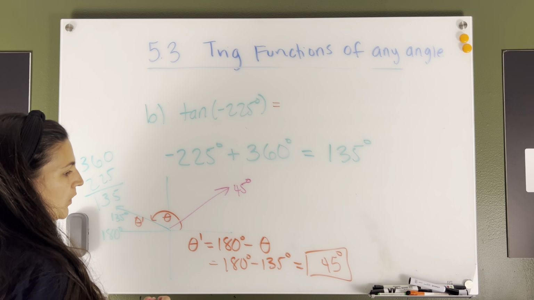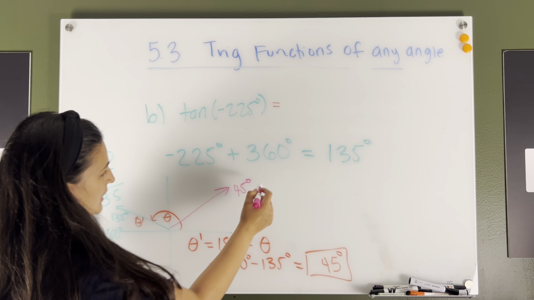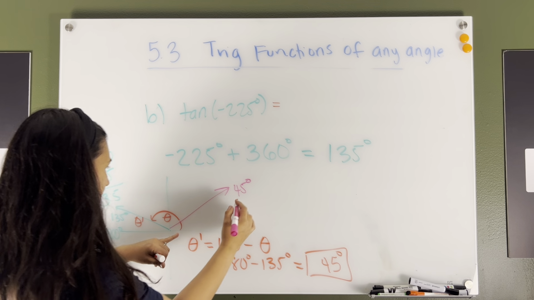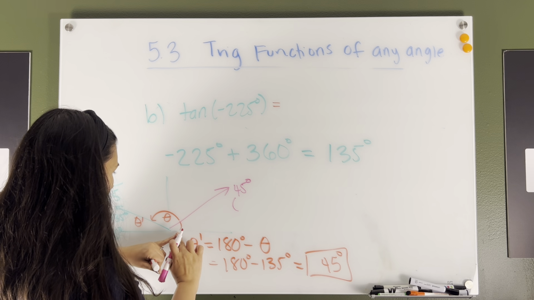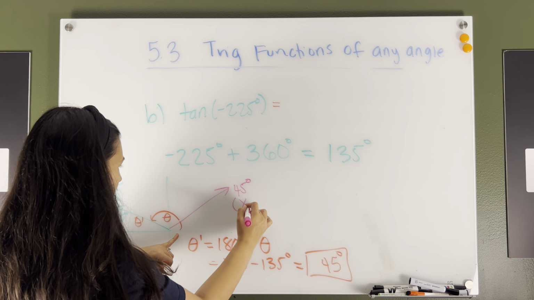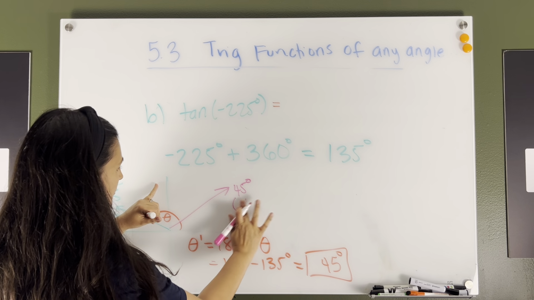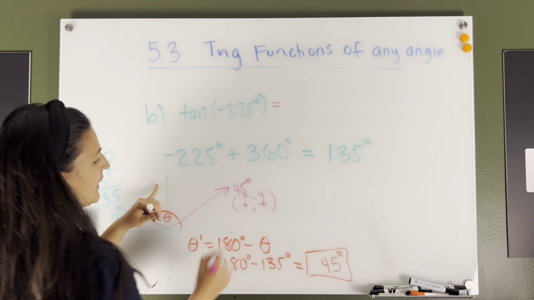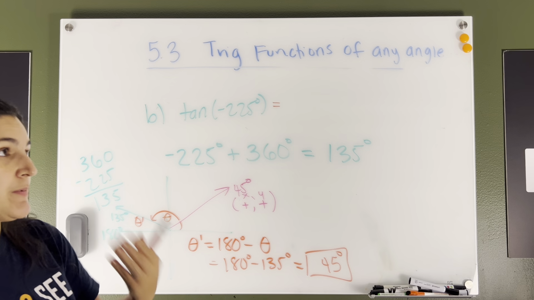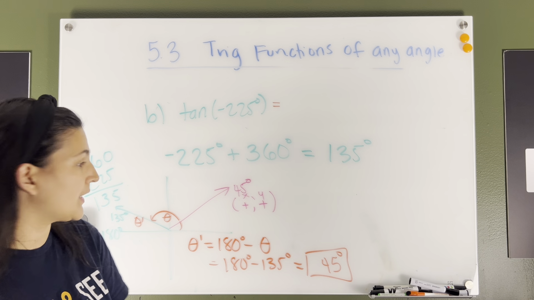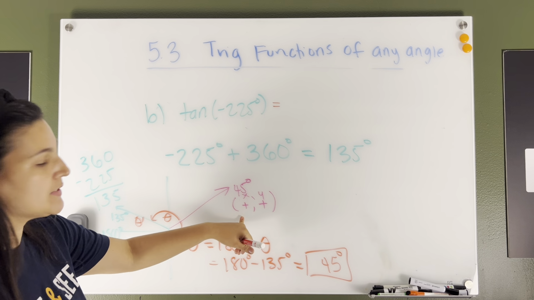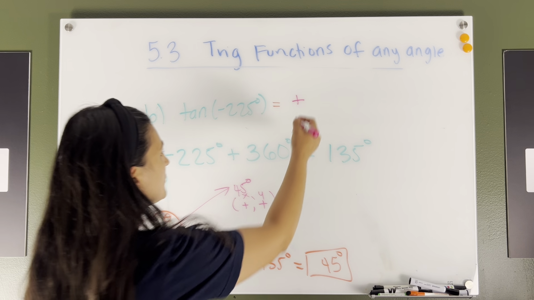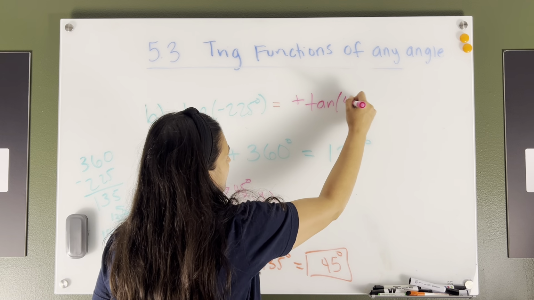All right, so in terms of tangent, remember tangent is sine over cosine. Okay, so think about the x values. So the x values would be positive in the first quadrant, and the y values would also be positive. Okay, and because tangent is opposite over adjacent or sine over cosine, it would be a positive divided by positive, which is positive. So this is going to be positive and equal to the tangent of the reference angle.